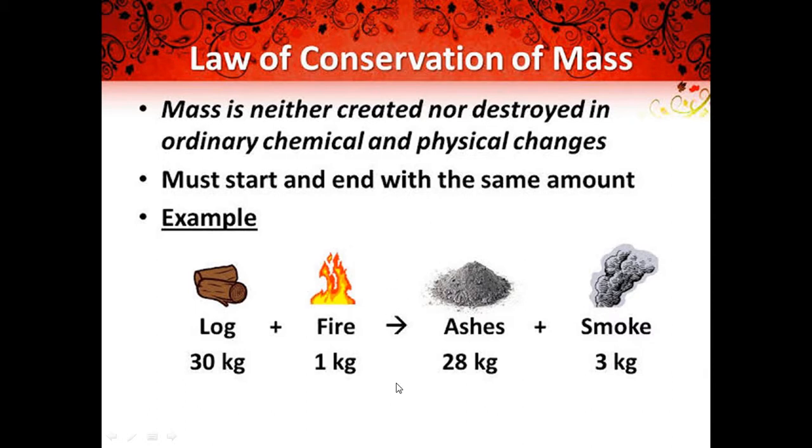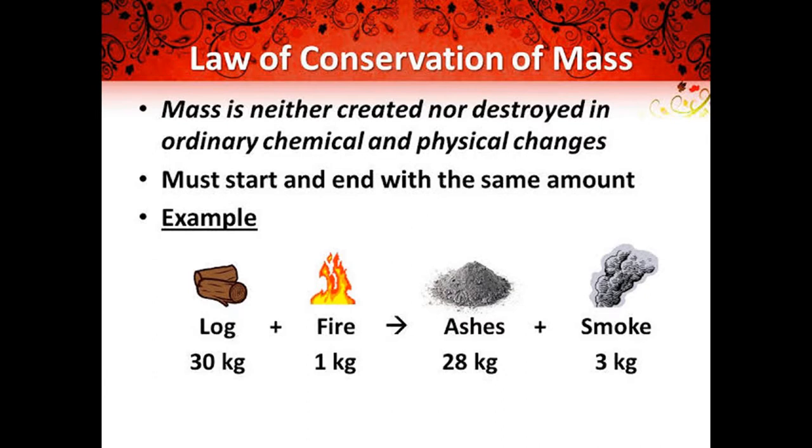If I add the things that I have before the chemical reaction, which is about 30 and 1, they will be 31. After burning, it will be 28 plus 3, so it will be 31. So what I want to say is that matter like the log cannot be destroyed.